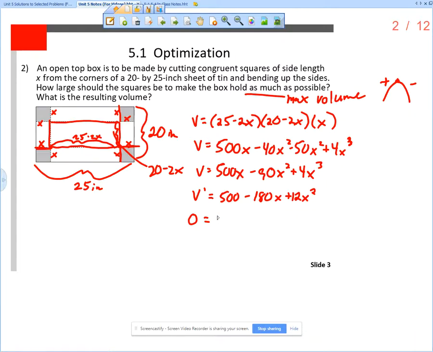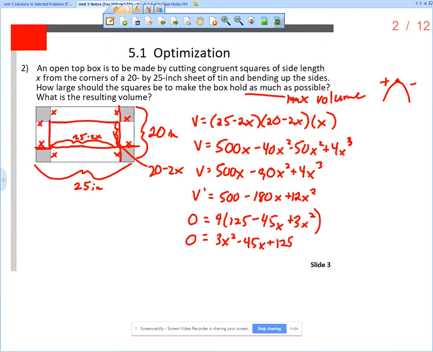So if we take a 4 out, I get 125 minus, now I have to take 4 out of 180, so 180 divided by 4 gives me 45x, and then I took 4 out, so I have plus 3x squared. Now I could divide by 4, which makes it irrelevant for the value of x. So now a lot of you probably want to rewrite it as 3x squared minus 45x plus 125.